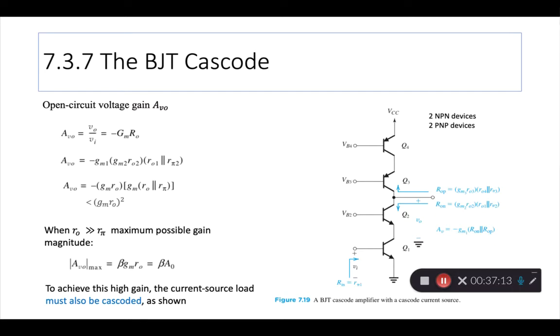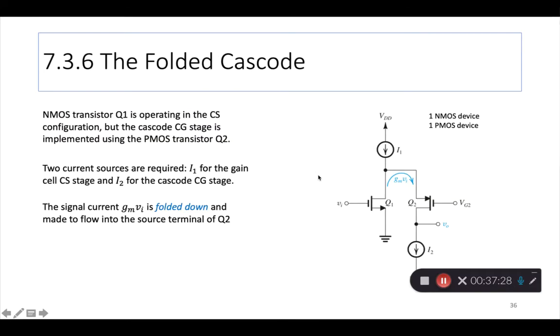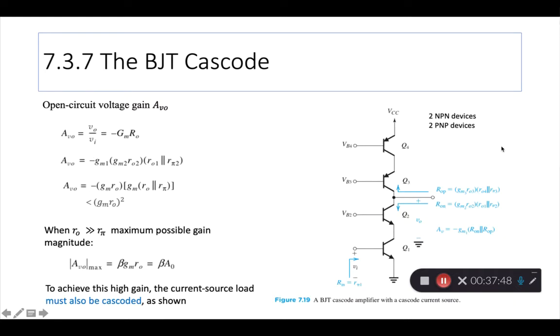Same logic. So how do you cascode? This is the cascode. I should go back. Yeah, this transistor Q2 is not the current source load. It is a cascode. Well, what am I saying? I think I may have been mixing up things. I'll fix this. But let's move on to the next slide and then we'll understand.